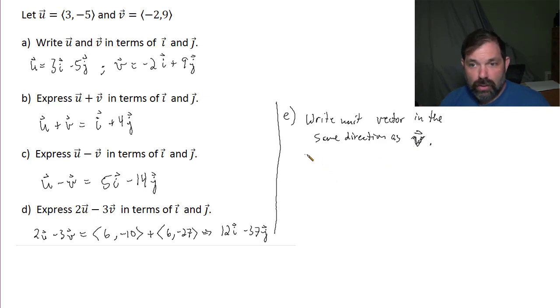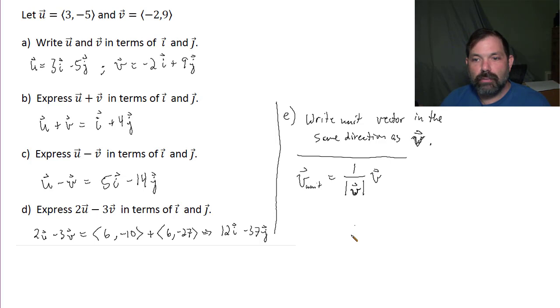All right, so we saw this on the previous slide. The v unit vector would be 1 over the magnitude of v, let's not use that notation, that means something else, multiplied by the v vector. So the magnitude of v would be the square root of 53.